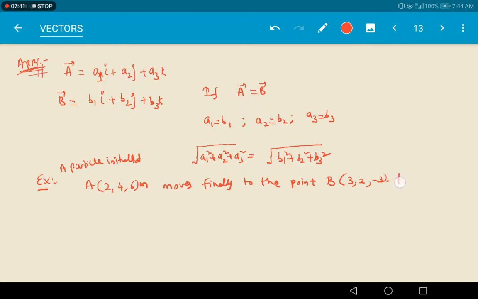They are asking to find the displacement vector of the particle.